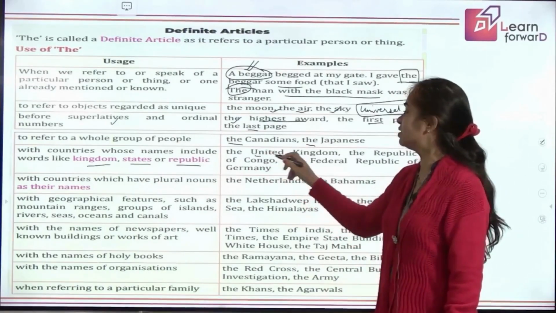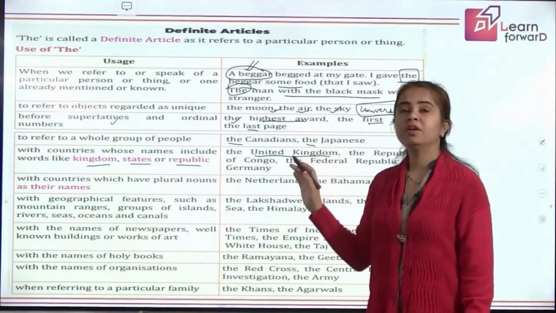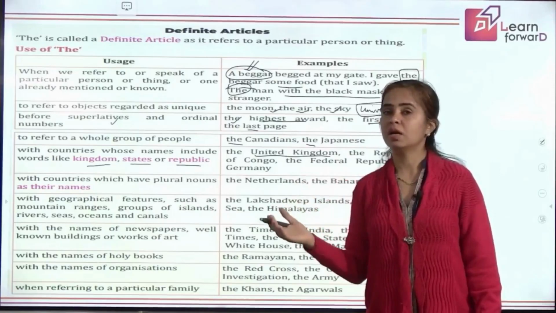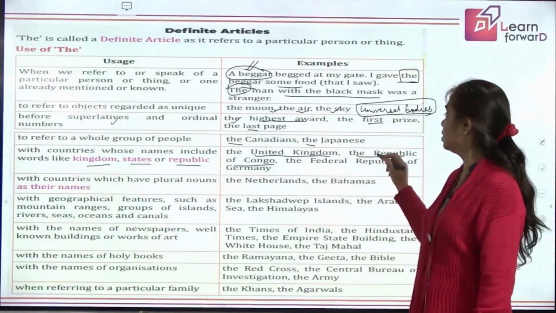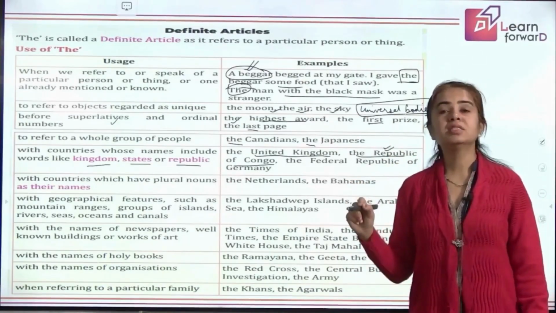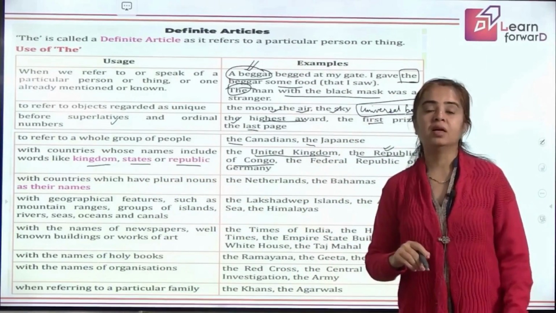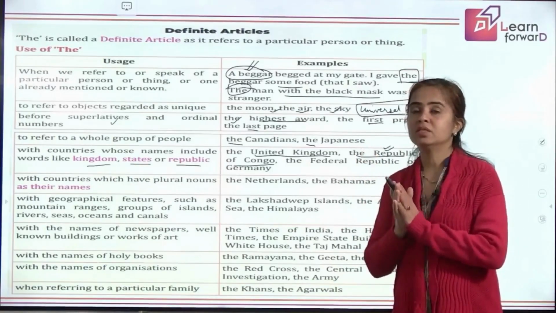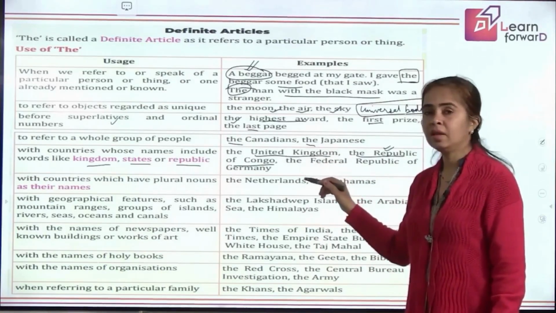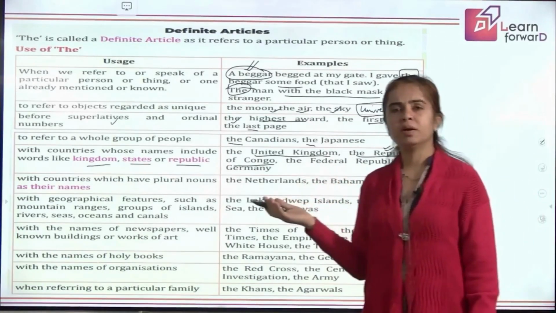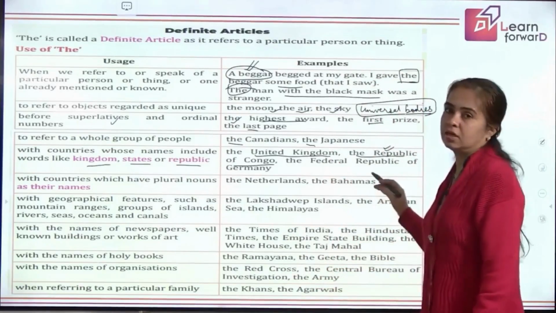For example, if I say the UK, the United Kingdom, but in place of the United Kingdom, if I say Britain, I will not use the article the. The Republic of Congo, I am using the here because the name contains the word republic. So kingdom, states, republic. If you say the United States of America, the USA, the word states is there, the word United is there. That's why we'll be using the here, right? But in place of that, if you just say America, you will not say the America. Please remember this, okay? Not the India.